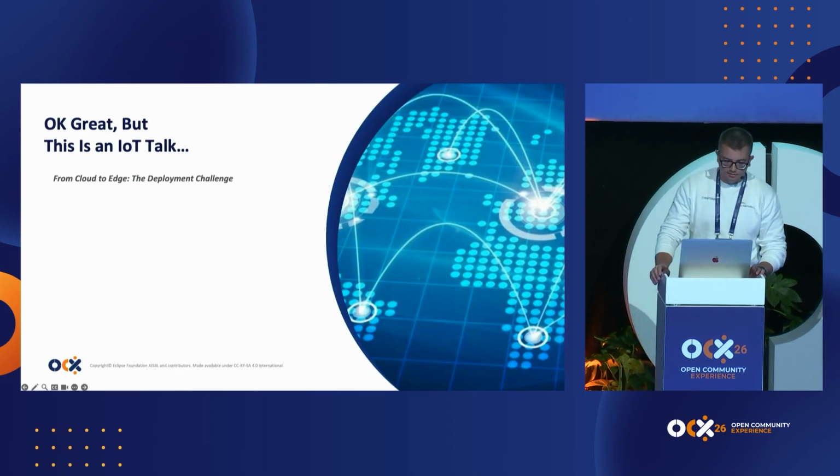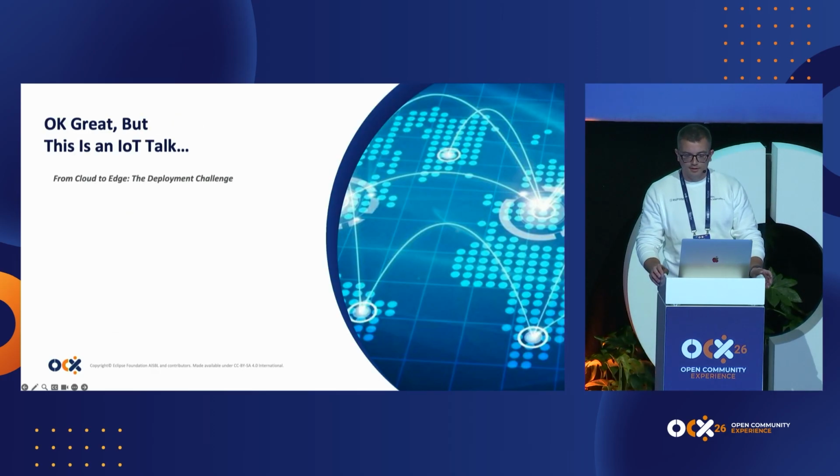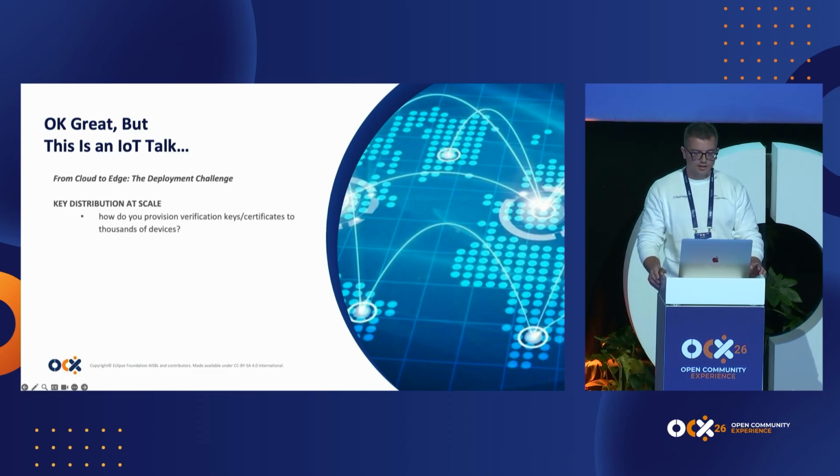Okay, now here's the part where we remember that this is an IoT-specific talk, right? Because signing in a CI pipeline is pretty easy. You can do everything with just 5 lines of YAML code. But yeah, verifying on the edge, that's the real challenge. How do you distribute verification keys to 10,000 gateways scattered across the globe?